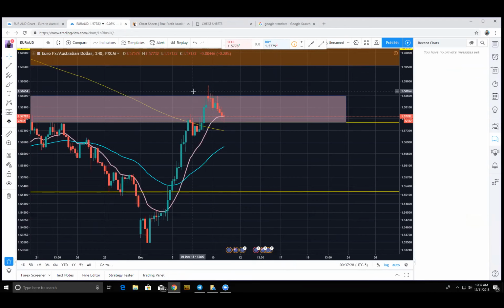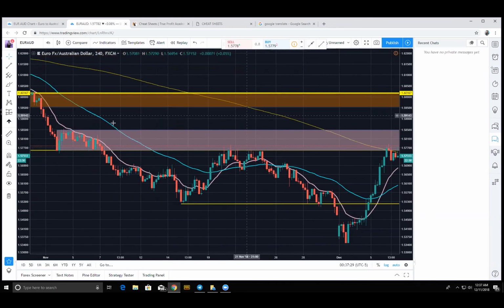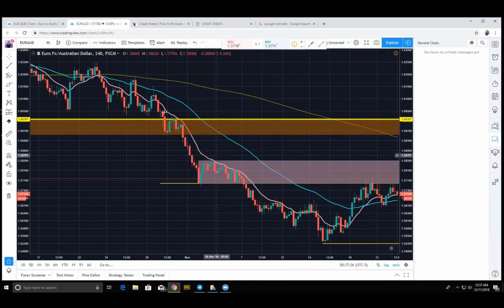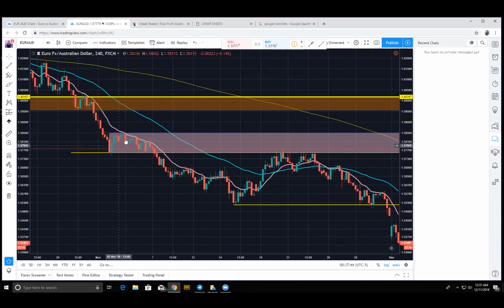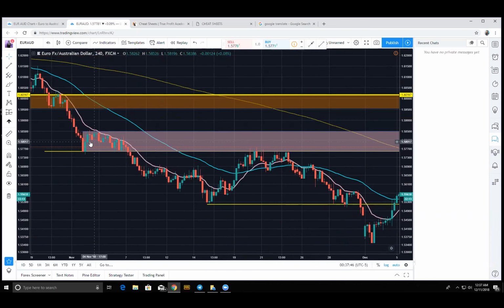From here, I usually draw rectangles to see where consolidation happened after a big move. This was a big move down. This is the 4-hour chart, by the way, so these are 4 hours, not 15 minutes. This is probably a good 3 days right here.